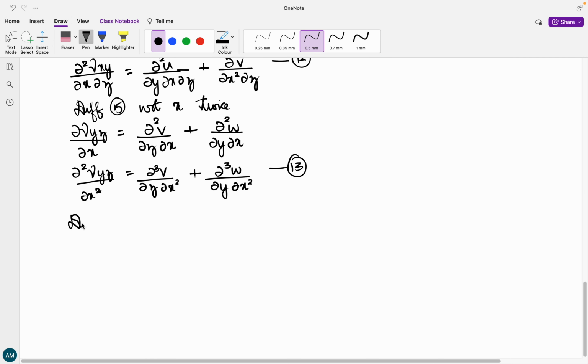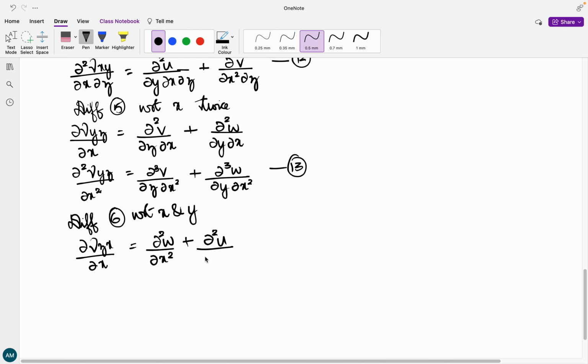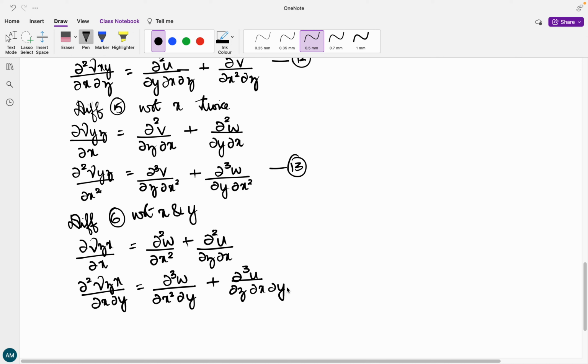So differentiating equation 6 with respect to x and y, we have ∂γzx/∂x equal to ∂²w/∂x² plus ∂²u/∂z∂x. Then ∂²γzx/∂x∂y is equal to ∂³w/∂x²∂y plus ∂³u/∂z∂x∂y. Let's call this equation 14.